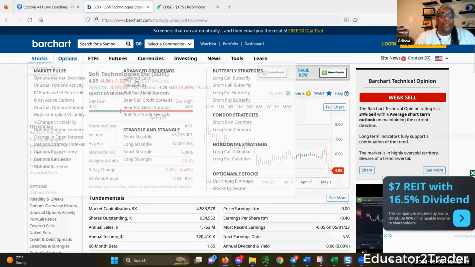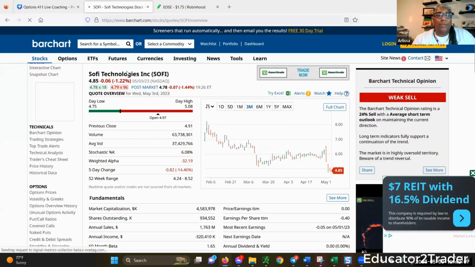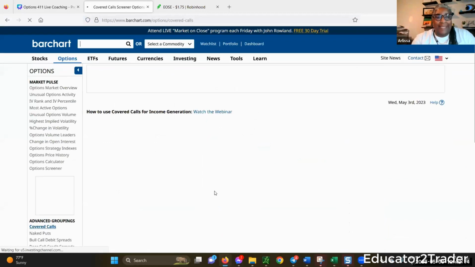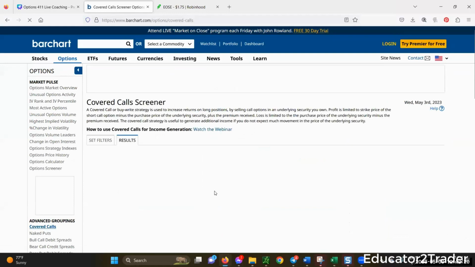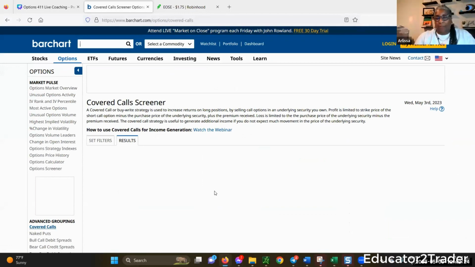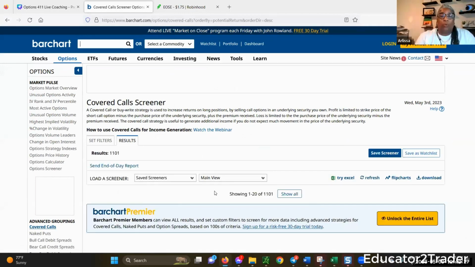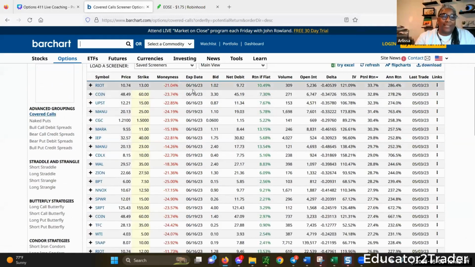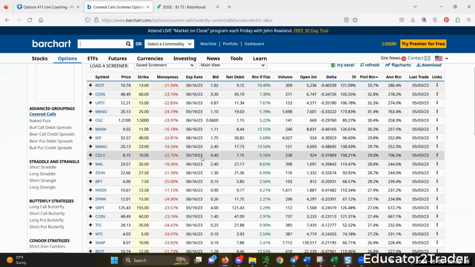Because this is the freebie, it's only going to give you the monthly expirations, like May 19th. Monthly options expire on the 3rd Friday of every month. If you pay for Barchart, it's going to give you the weekly options. But if you don't, notice how all these say either 6/16 or 5/19, because those are the monthly expirations.